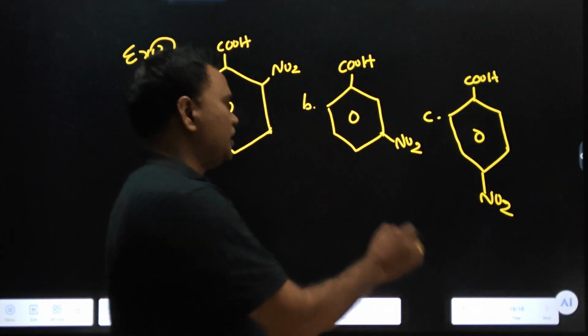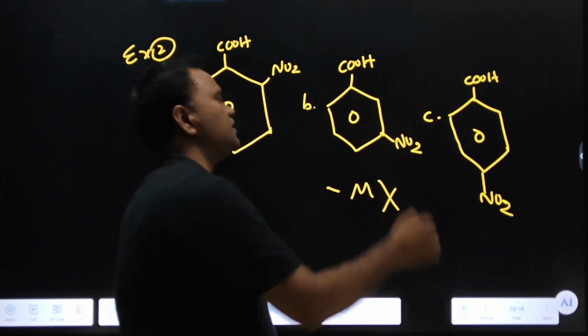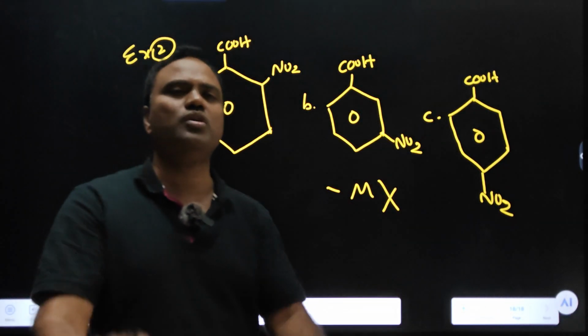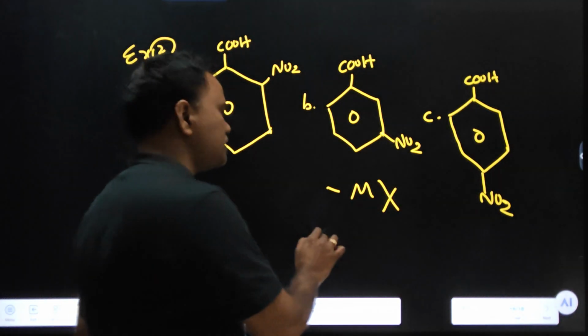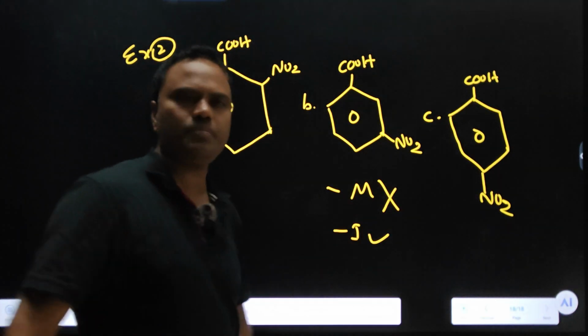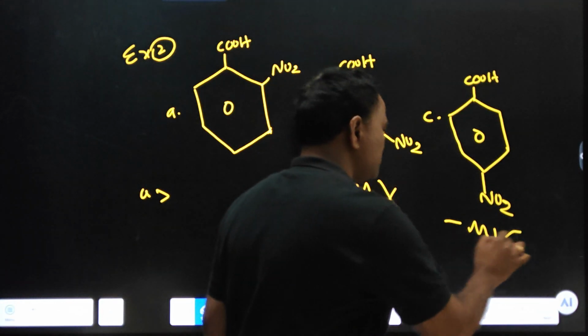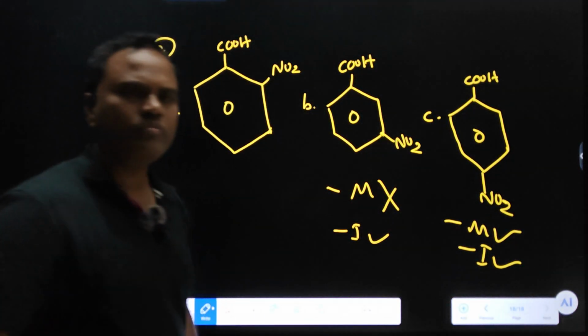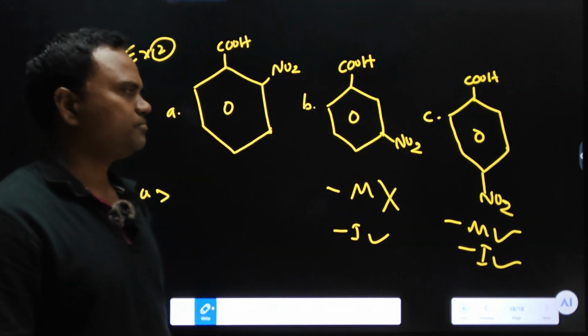Minus M group, right? But here minus M is present in meta position, so minus M does not work. Minus I is present, but minus M is not present. Here, yes, minus M is present. Minus I is common. First one is more acidic because of ortho effect.